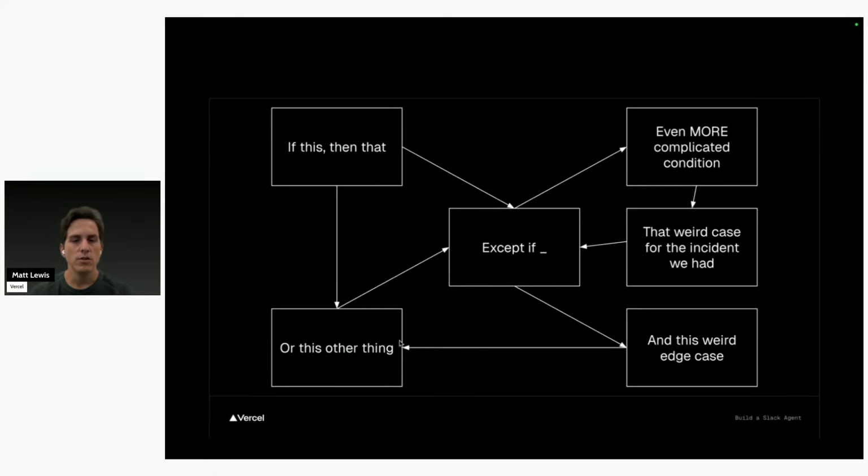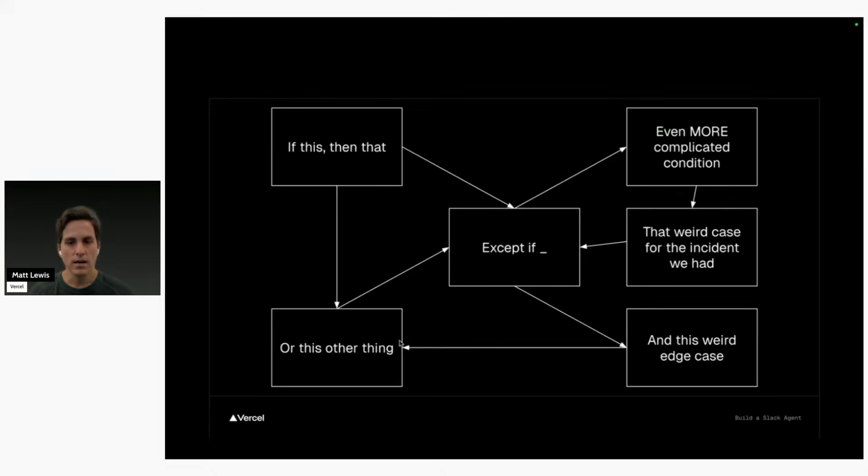So for every new type of input or any new type of information that you wanted to work with, you had to write another if this, then that statement, or this other thing that could happen, or this weird edge case that we ran into one time. And I'm sure all of you have gotten to a point where you're like, this is just growing out of control. I can't make this thing any better. It's really just becoming such a process just to handle all the different types of information we want to work with.